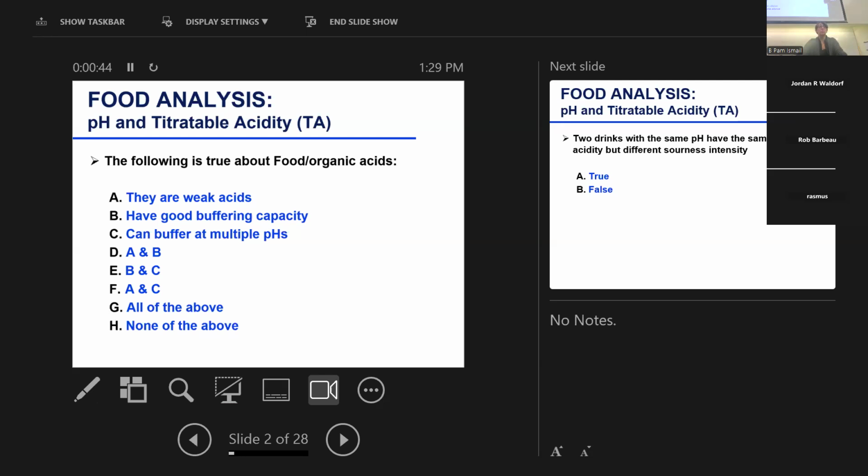So if you compare organic acids like lactic acid, like malic acid, tartaric acid, what other acids are there in foods? Citric acid, and there's also acetic acid. Yeah, compared to H2SO4, HCl, huh? They're weak acids. Thank you.